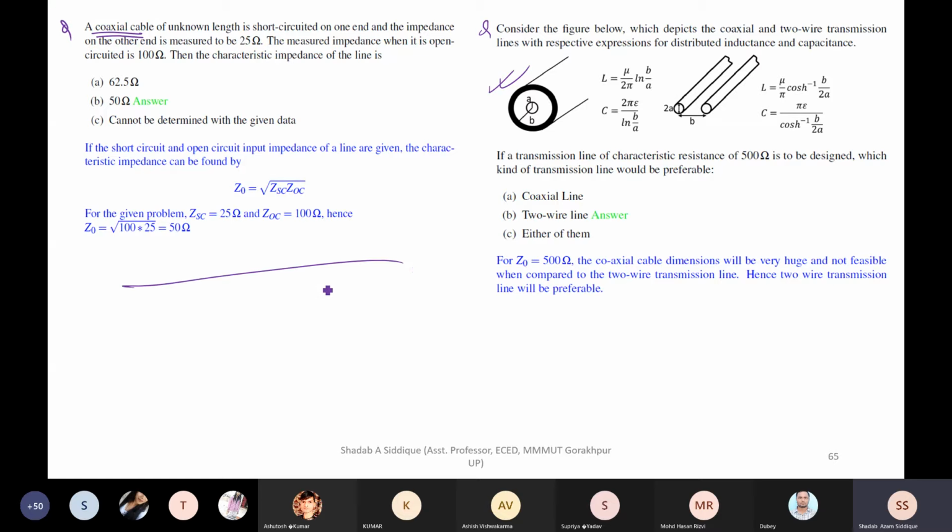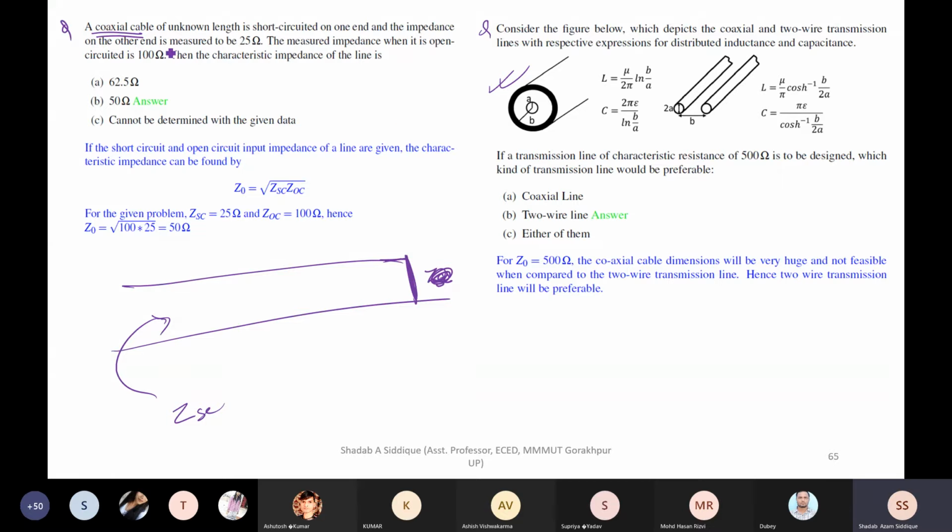So we have a transmission line, short circuited at one end, and we will be able to find the value called ZSC, the short circuited input impedance.